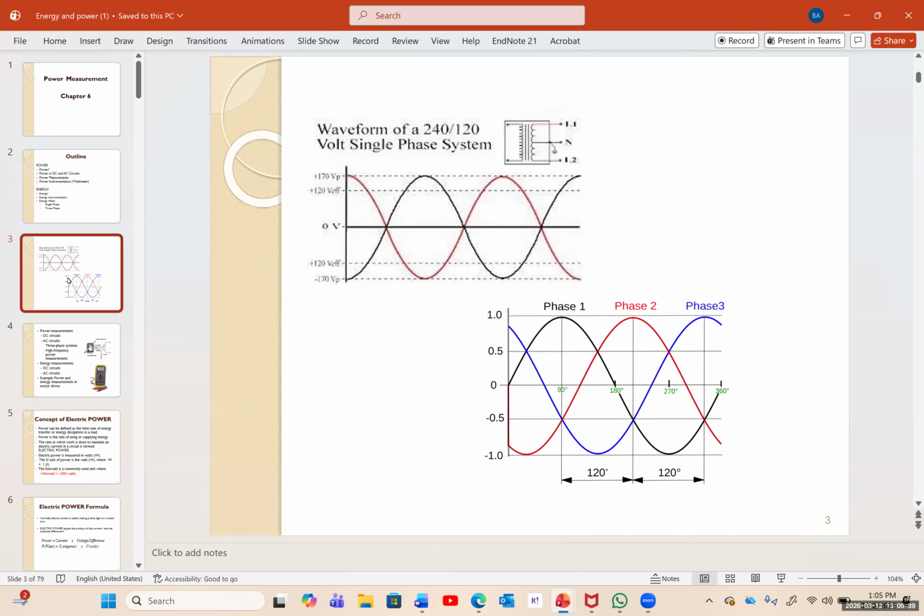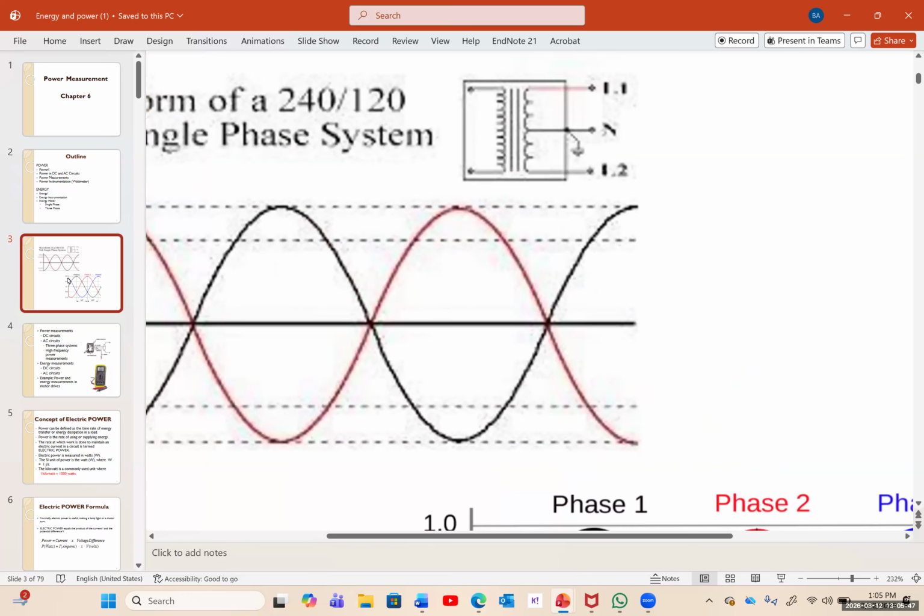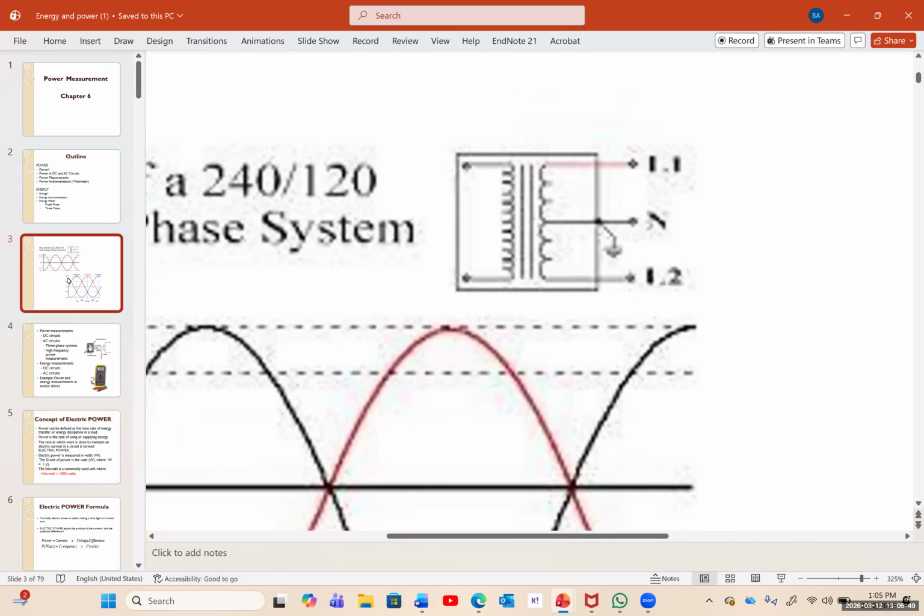And the way that we increase that voltage, we don't actually use a three-phase system. The system that is used in a home is coming from a transformer, which has what we call a center tap system.